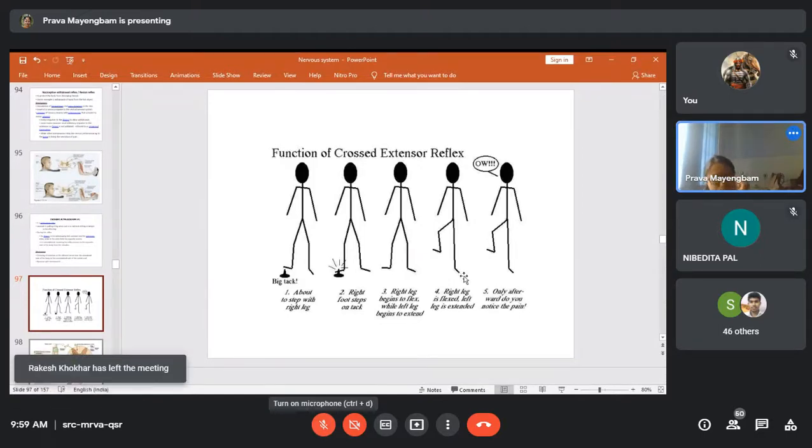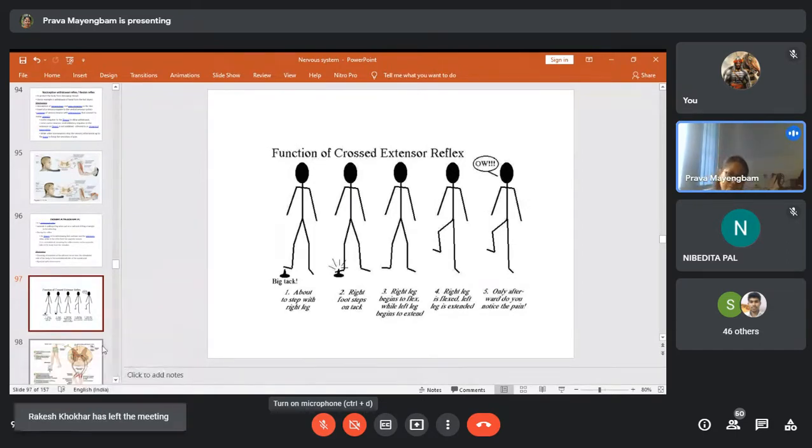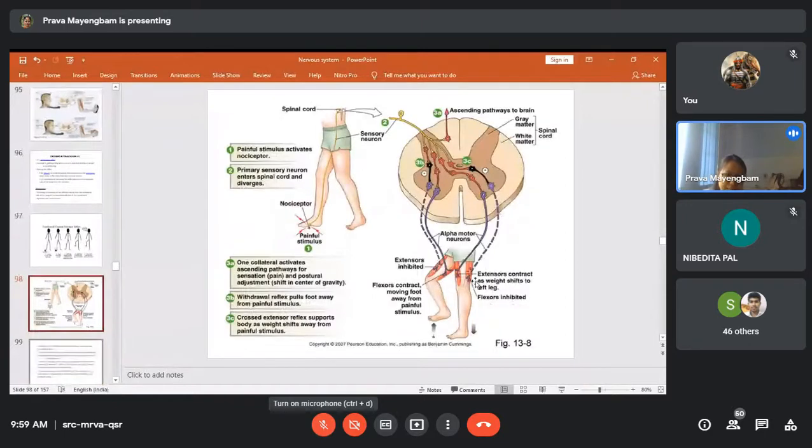So this type of reflex is the cross-extensor reflex. Here, when the stimulus goes, the flexor group of muscles contract while the extensors are inhibited.